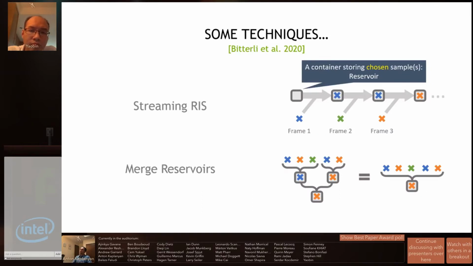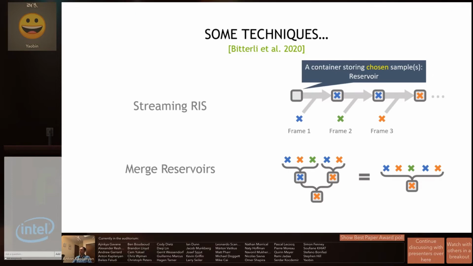ReSTIR was invented by Bitterli et al. in their direct lighting paper. They first introduced several techniques. The first one is Streaming RIS. Streaming RIS uses a container called a reservoir to store the chosen sample and some statistical data.